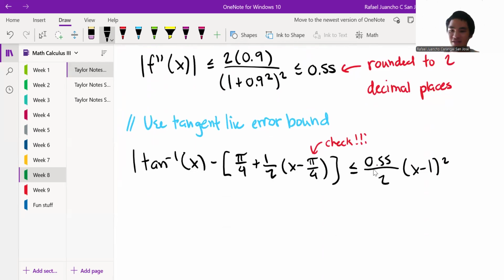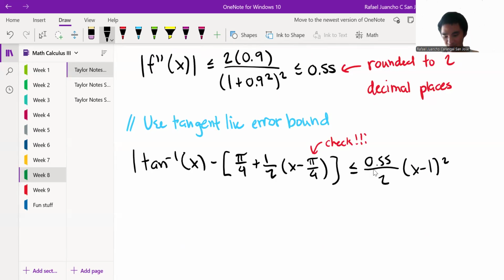Let's see. 0.9, let's subtract 1, square that thing. 0.01 times 0.55 divided by 2. Oh, that's where they got it from. So I plugged in the 0.9 here.